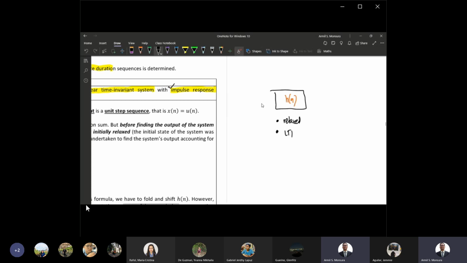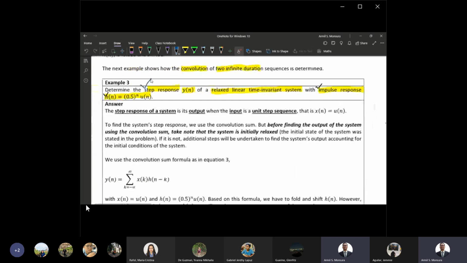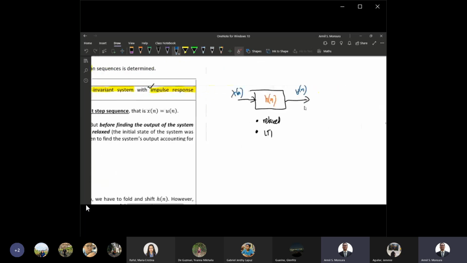Now this system takes in an input of x of n, and produces or generates the output sequence y of n. So ngayon, ang hinahanap sa atin dito is step response.